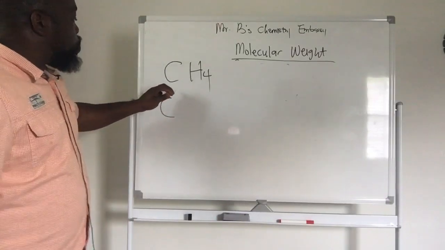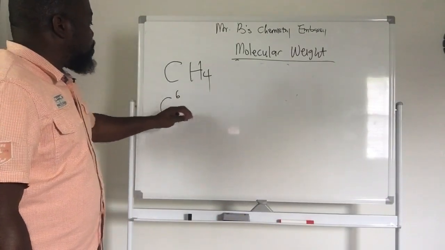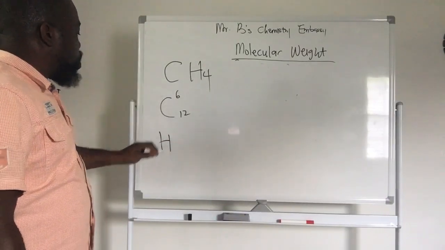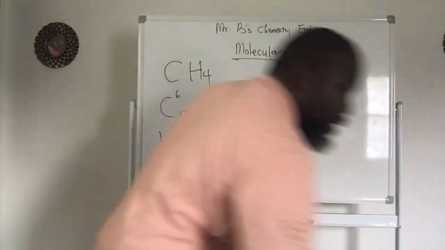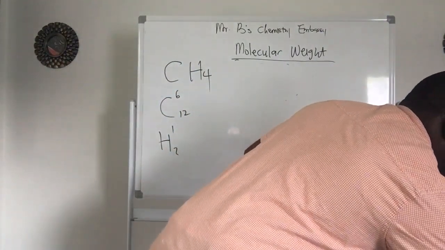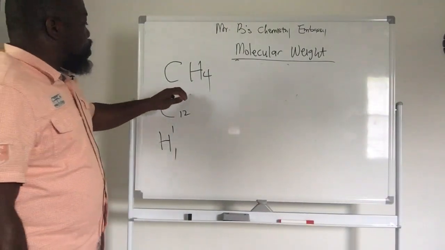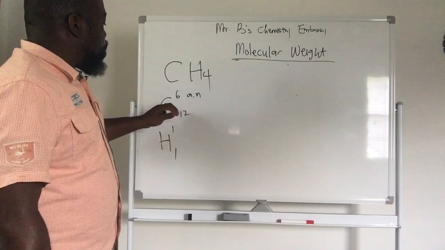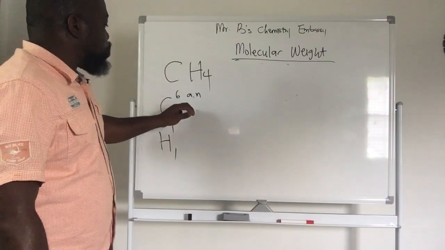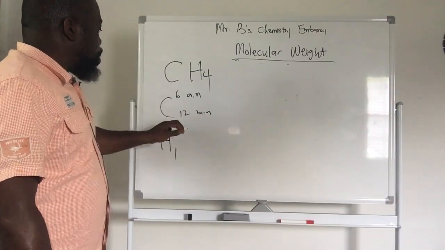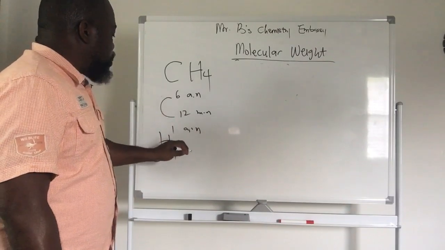Carbon is 6 and 12. Then hydrogen is 1 and 1. So 6 is your atomic number and your mass number is 12.